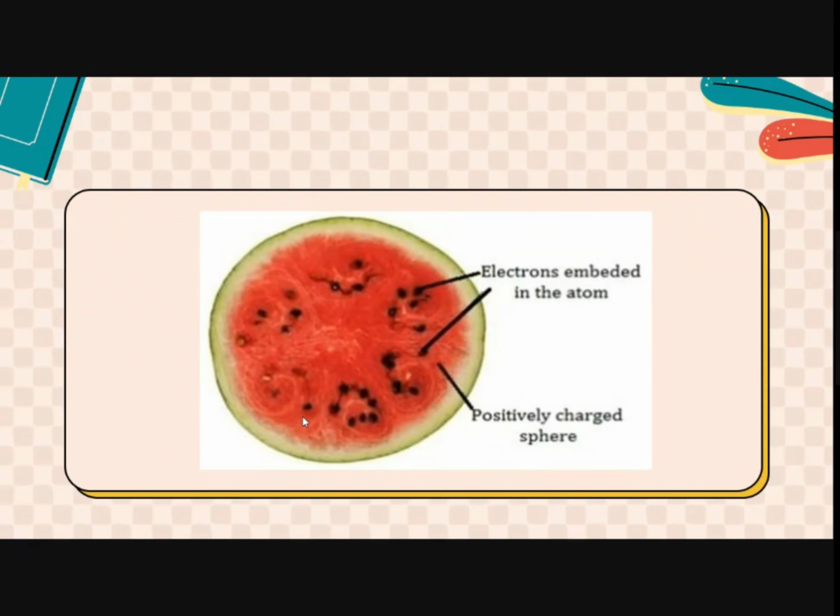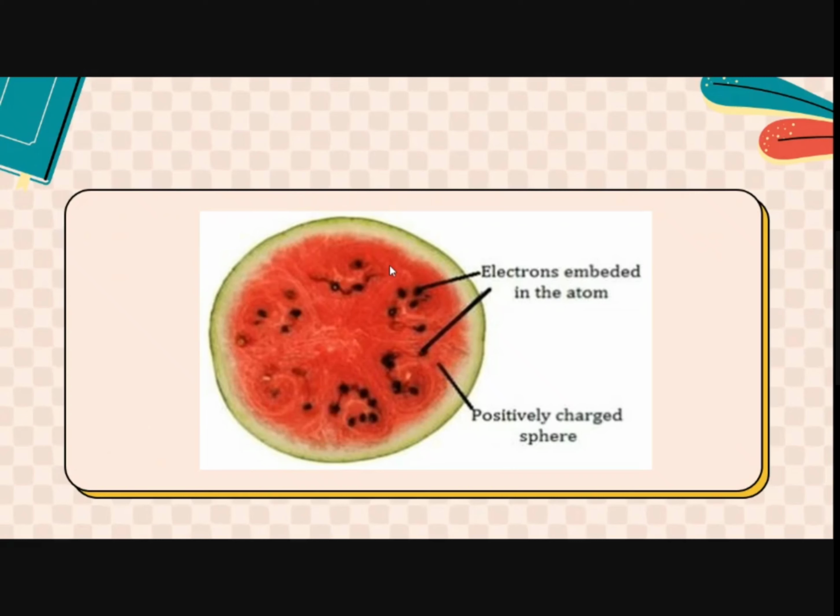Now let us use this theory as an analogy. I'm using a very common example that we all relish, that is the watermelon. We can apply the same theory on a watermelon too. The red part of the watermelon would represent the positively charged sphere, whereas the seeds, these black seeds, would represent the electrons which are embedded in it.